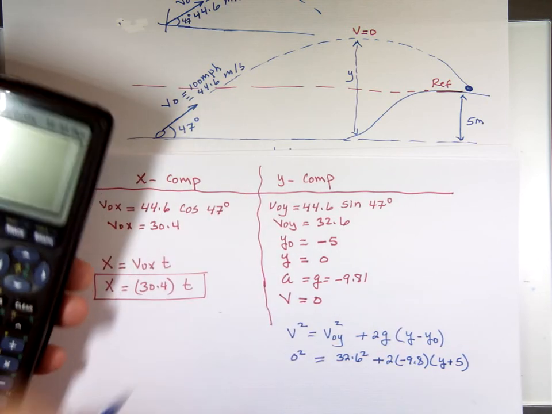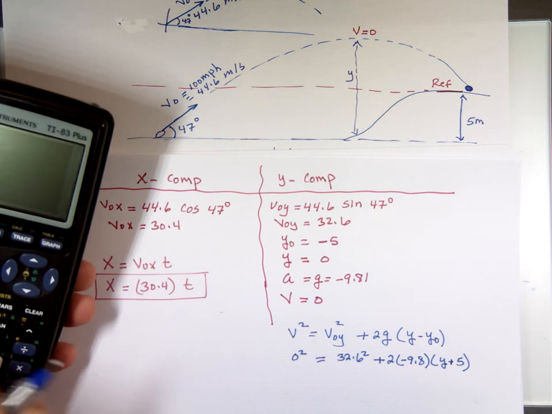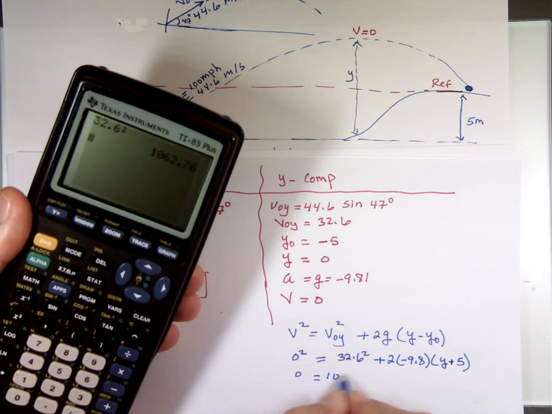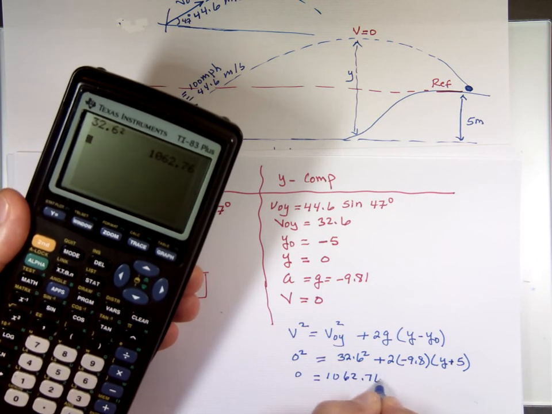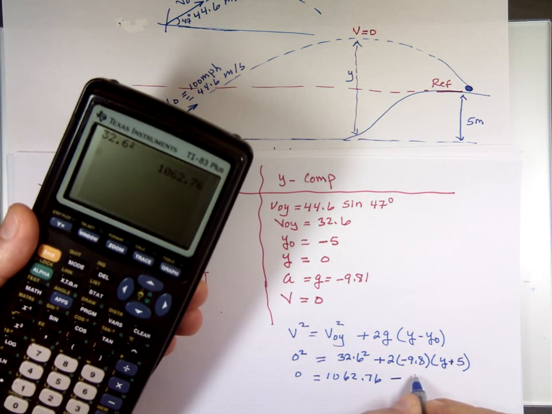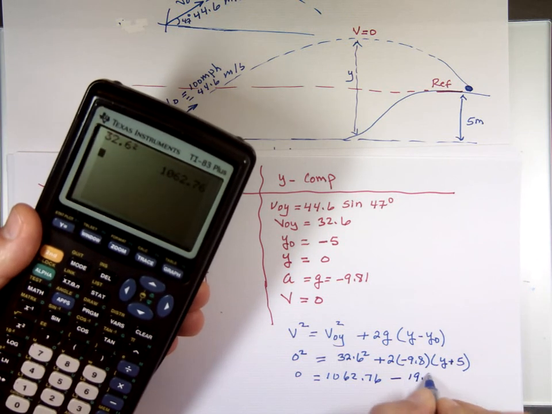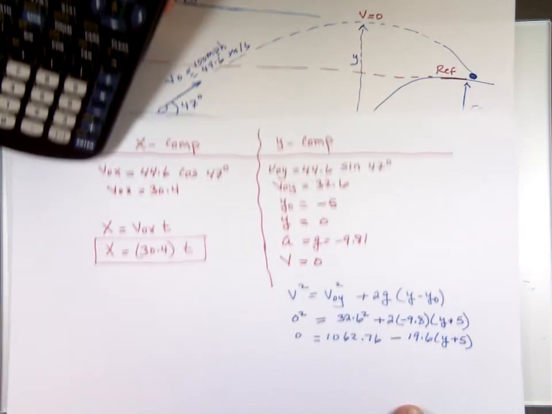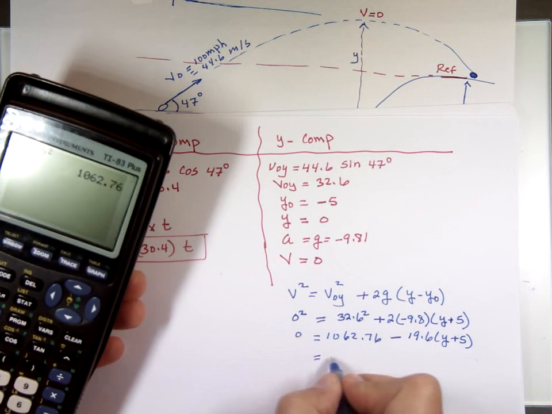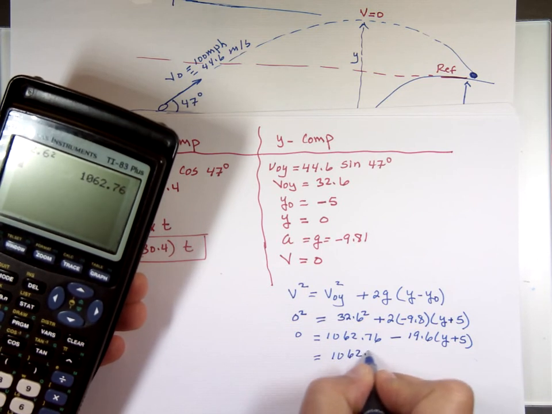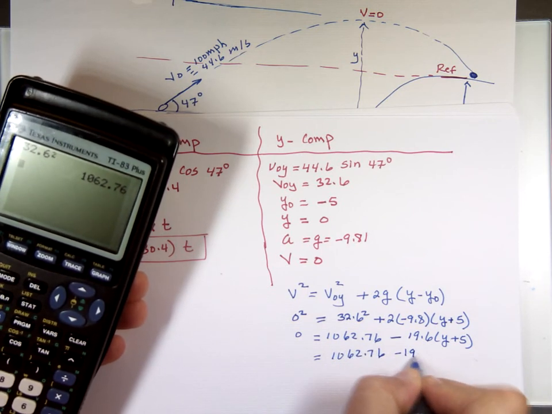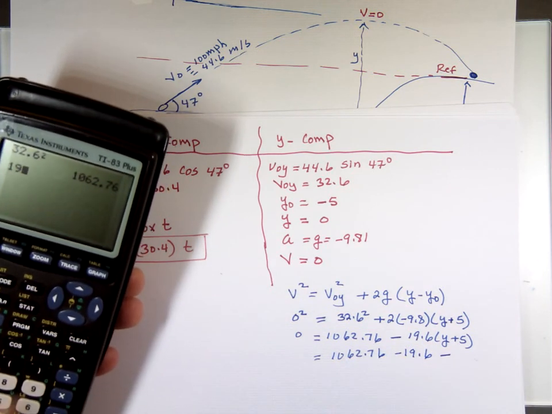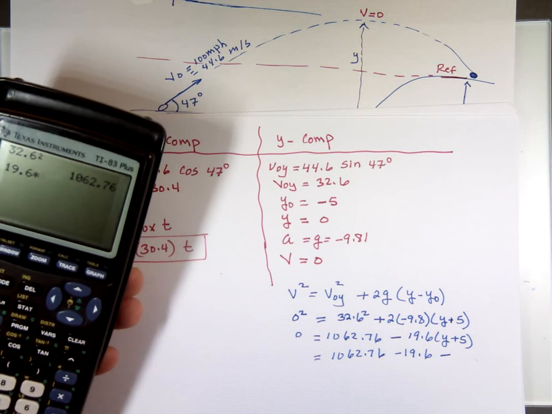32.6 squared is 1062.76, minus 19.6 times y plus 5. What is 19.6 times 5 when you distribute that? Negative 98.